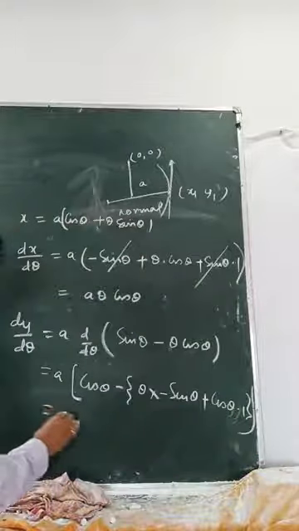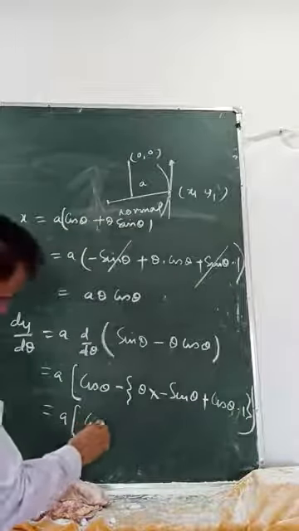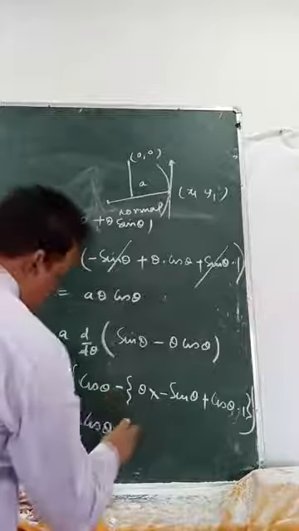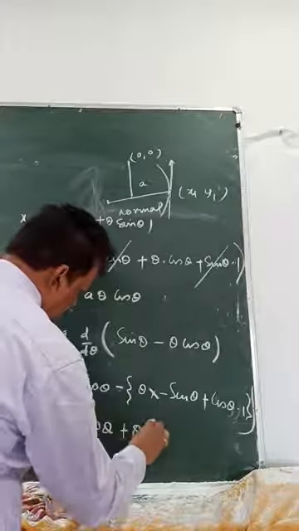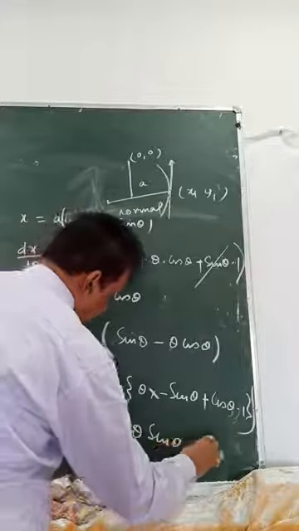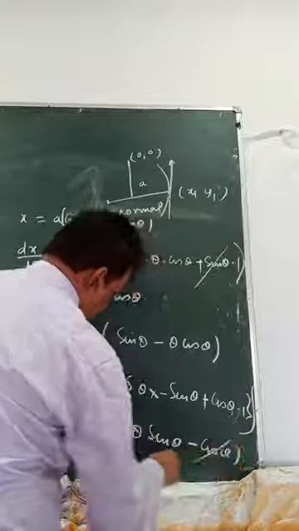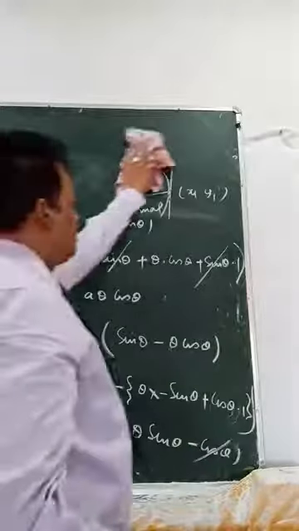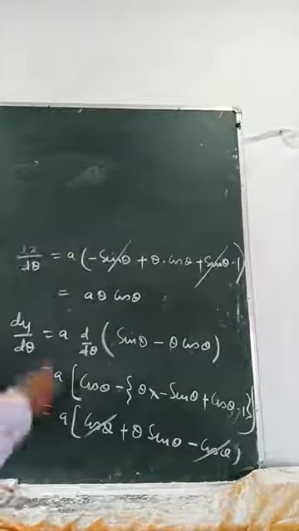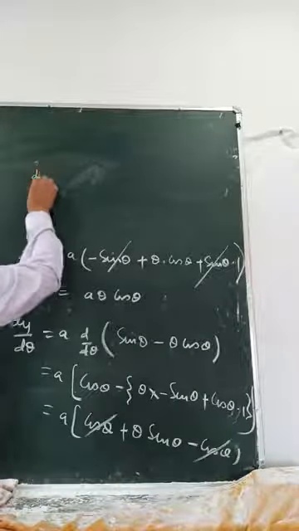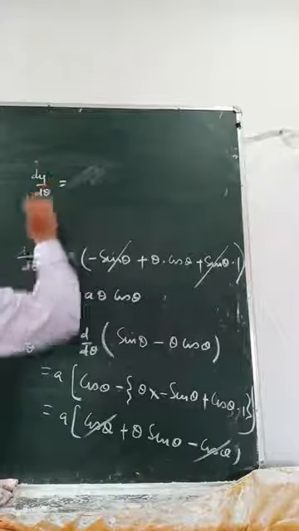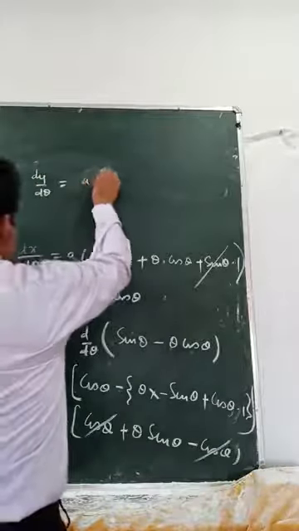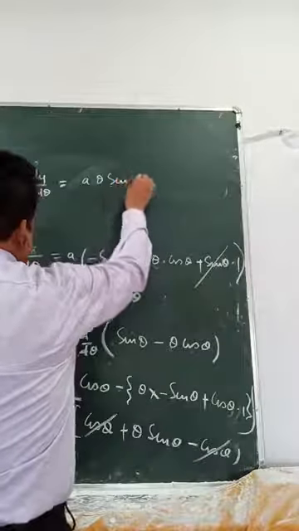That is a times cos theta minus theta sin theta minus cos theta, plus. This is cancelled. Okay. Then dy by d theta equals a theta sin theta.